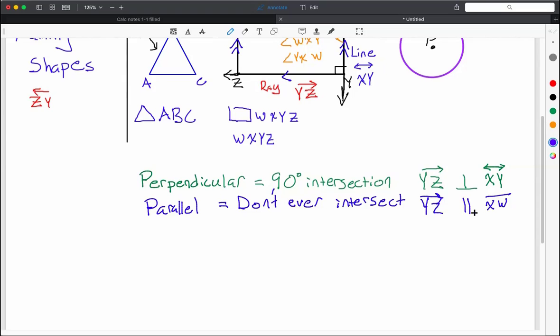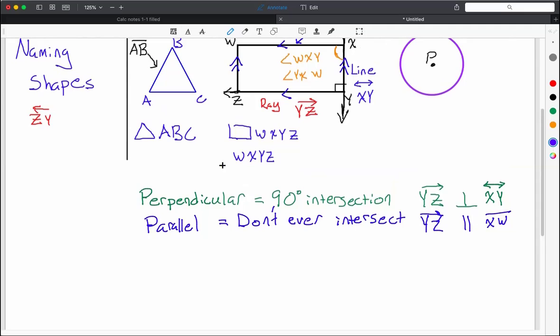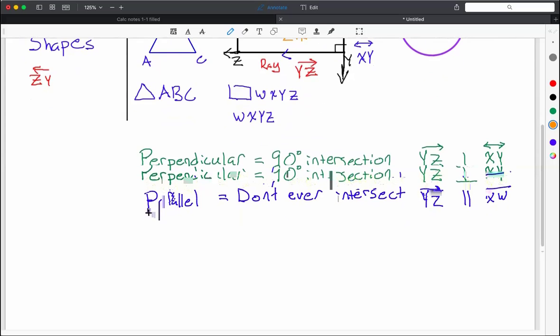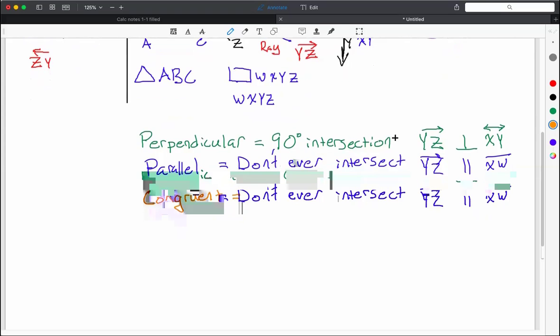And then since we talked about it already, there's not really a way. Oh, there is a way. I don't know what I was thinking. There is a way to do congruent. Congruent is just a fancy name of saying same length. So underneath this, I'm just going to write same length. If you're only talking about line segments, congruent just means same length.